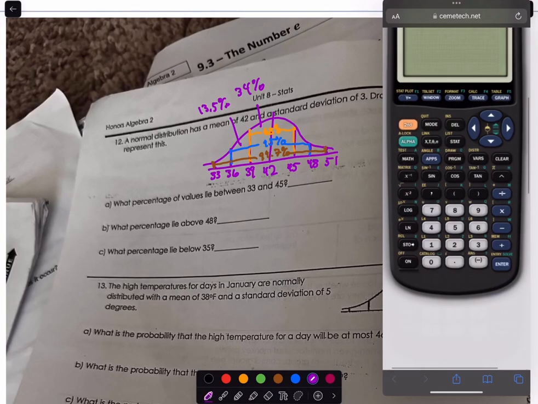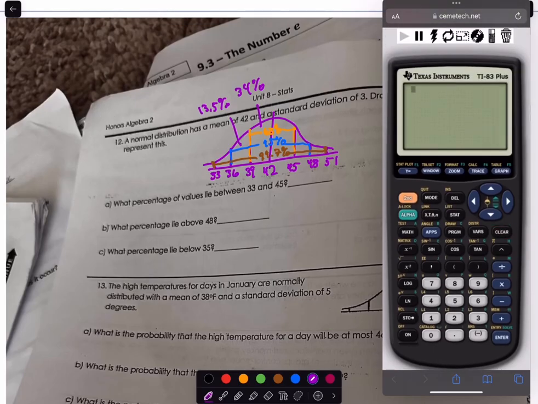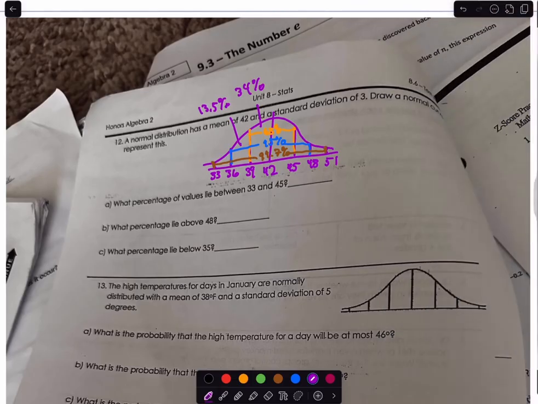Then 99.7 divided by 2, minus 34 minus 13.5, so that's 2.35%. It's here, okay.